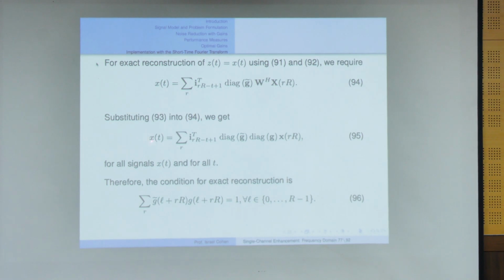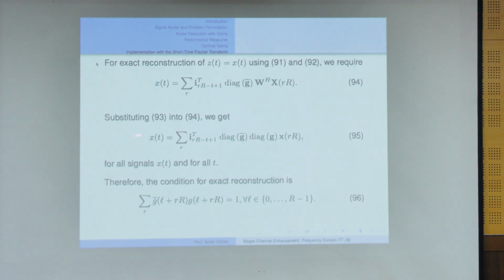So we can write the relation between the time domain signal here and the time domain blocks, vectors of length L, like this. In order to have this equation correct for any signal x, this is called the perfect reconstruction condition.